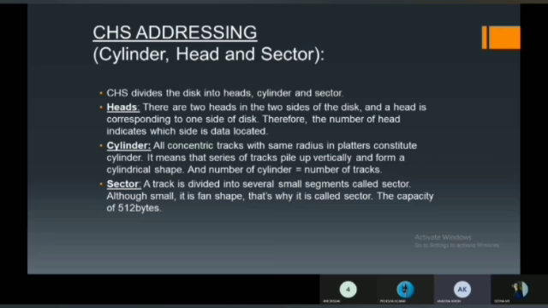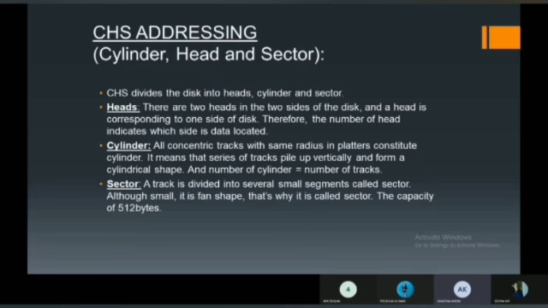A hard disk consists of one or more platters with a read-write head located on each side of the platters. The vertical section of corresponding rings across all platters and sides is called a cylinder. The valid range is between 0 and 1023 cylinders. The number of cylinders is equal to the number of tracks.